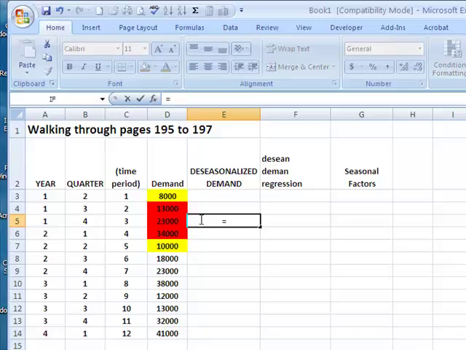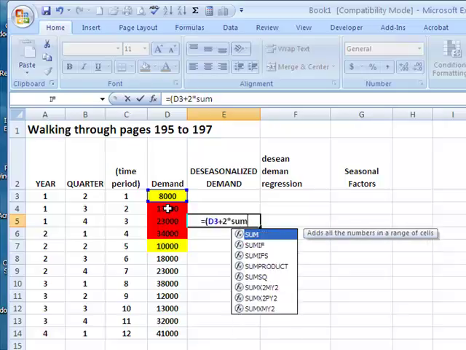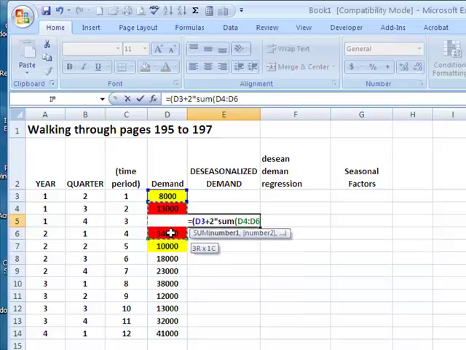And so I'm going to set it equal to 1 times 8,000, so D3, plus 2 times everything which is red, so 2 times the summation of these numbers, plus again 1 times the 10,000, which gets a weight of 1.